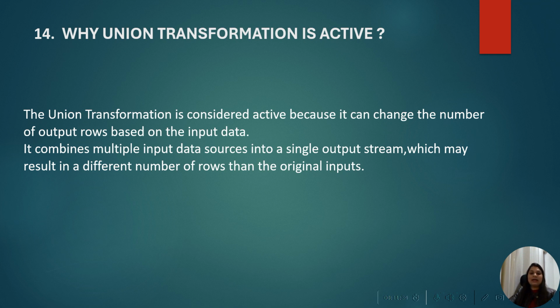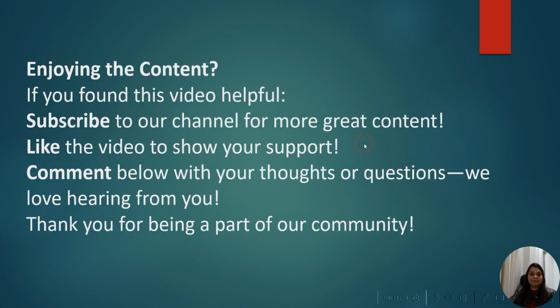For example, there are two sources. In my first source, there are 5 records, and in my second source, there are 3 records. If we combine these two sources in union transformation, then it would be 8 records. So that's why union transformation is an active transformation.